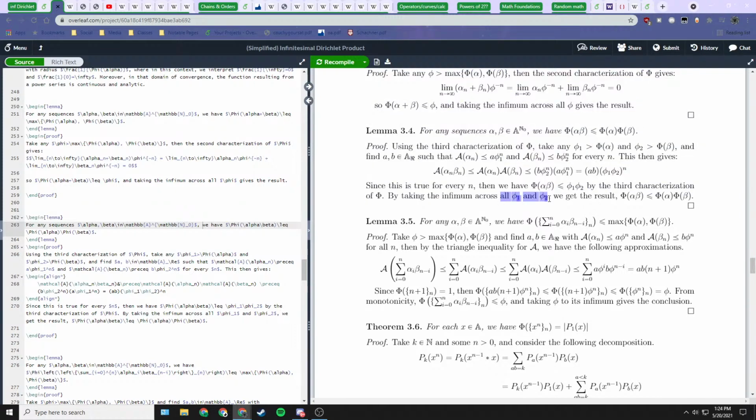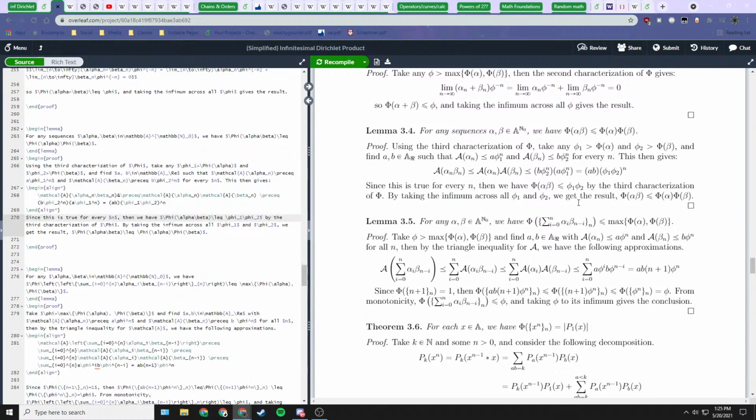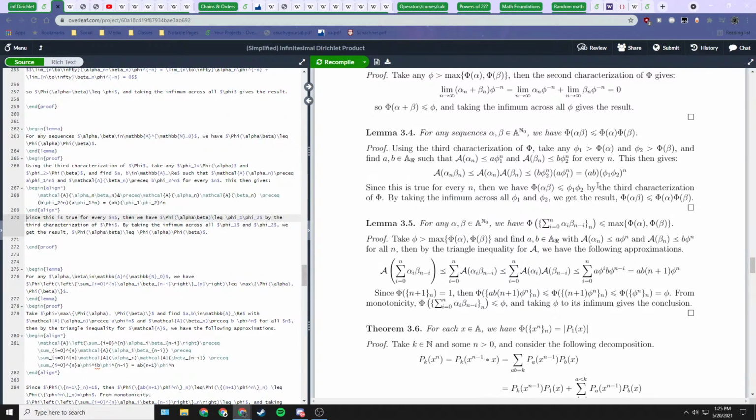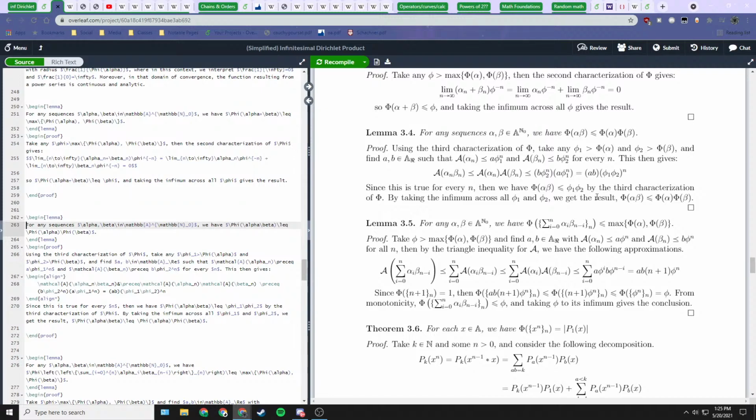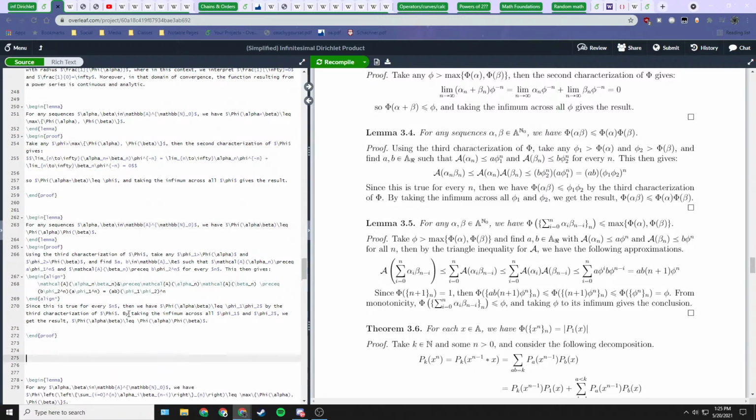Because the infimum across all phi 1 and phi 2 is only the product in the case that the phi 1 and phi 2 actually exist. If the set that we're taking infimum across is empty, then it's infinite. Yeah, so actually we have to have the product being infinity. So we'll just add a remark.